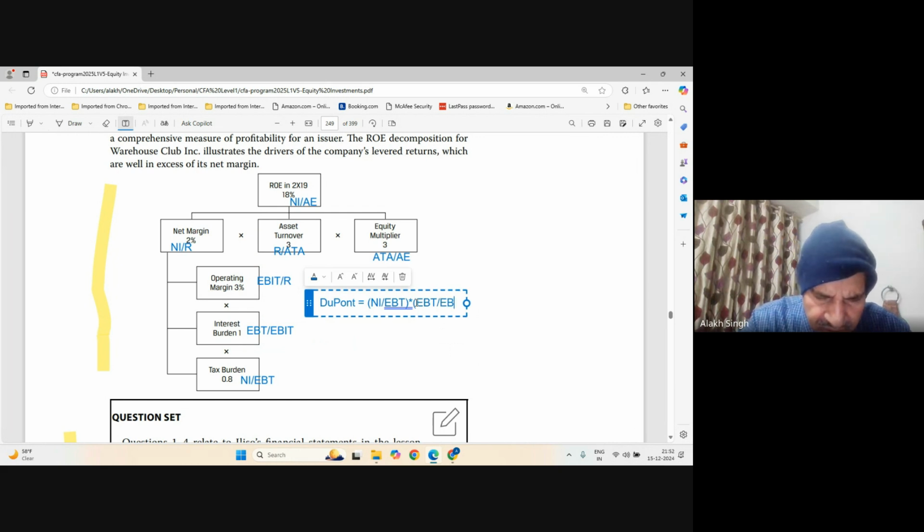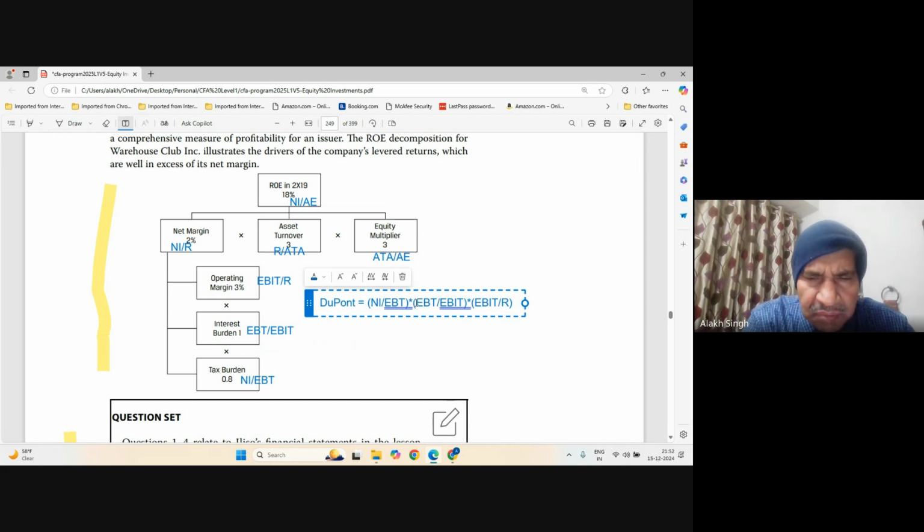That is our interest burden. And then I will have to put EBIT on the top. So EBIT divided by total revenue gives us operating profit. And EBIT is also cancelled. So now I am left with net income by R, which is our net margin.